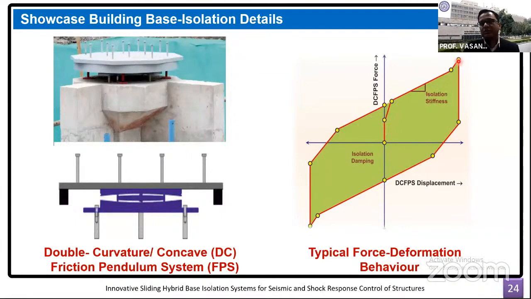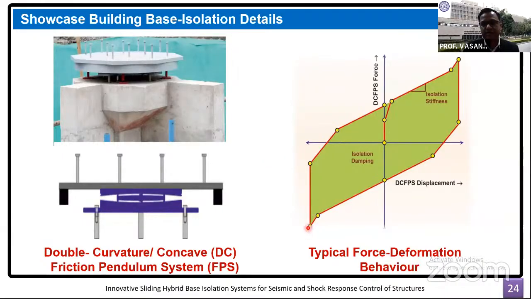For example, in some projects, it might be important to have the hardening effect after a particular design displacement is reached. That hardening behavior can be obtained either by varying the curvature or by varying the friction in the isolation system. However, for all practical purposes, we can linearize this.